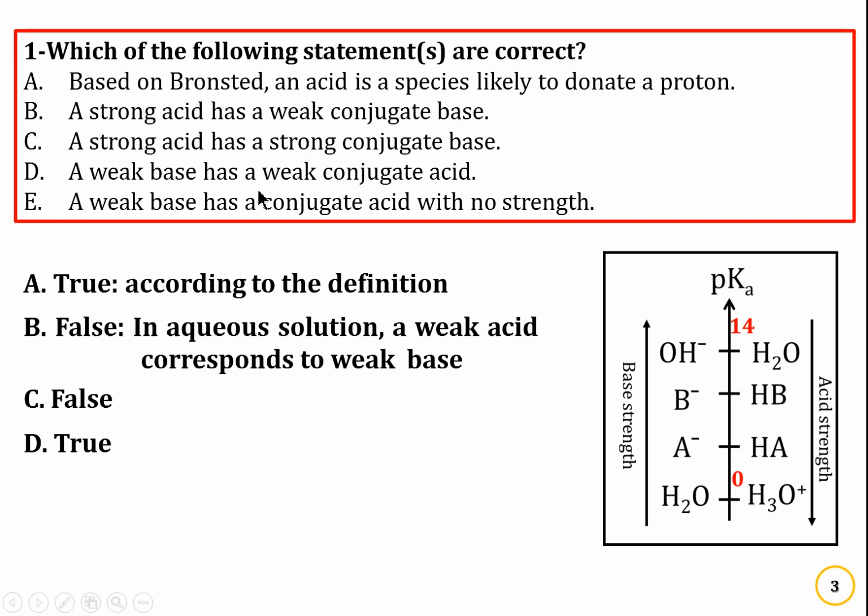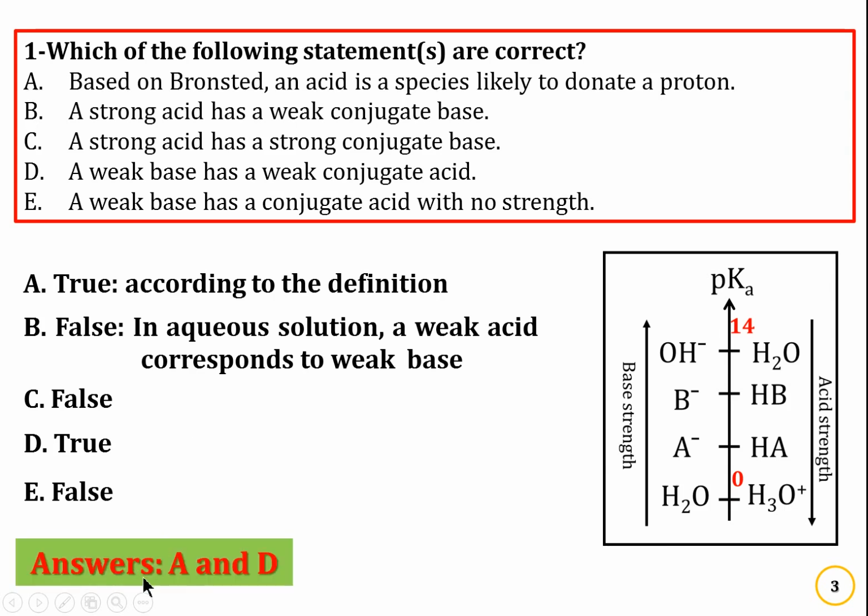A weak base has a weak conjugate acid for any couple of pKa between 0 and 14. E is false. So the correct answers are A and D.